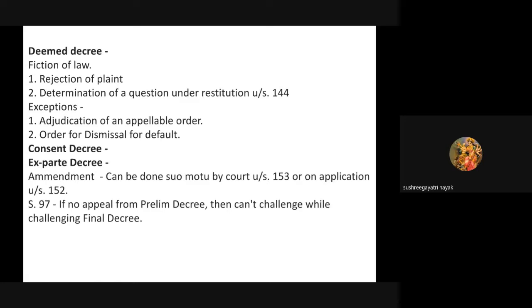We'll study res judicata later, but it is like res judicata, because you could have challenged it then and did not, so this provision has been made to make sure that a party is not given scope unnecessarily. So if the preliminary decree is there and no appeal has been made by the aggrieved party, he cannot challenge it while challenging the final decree.